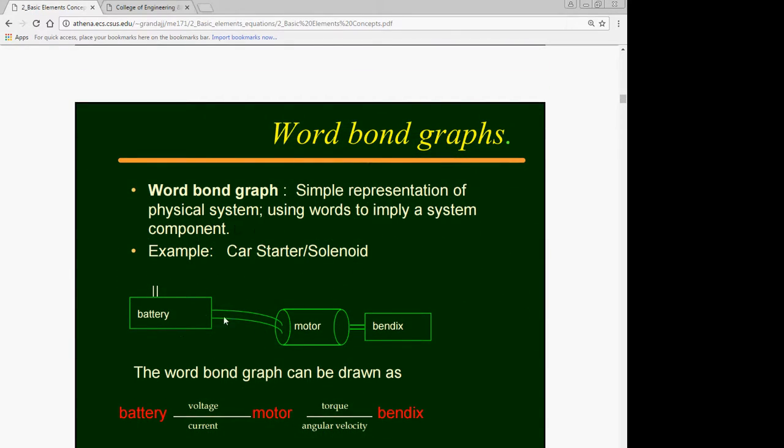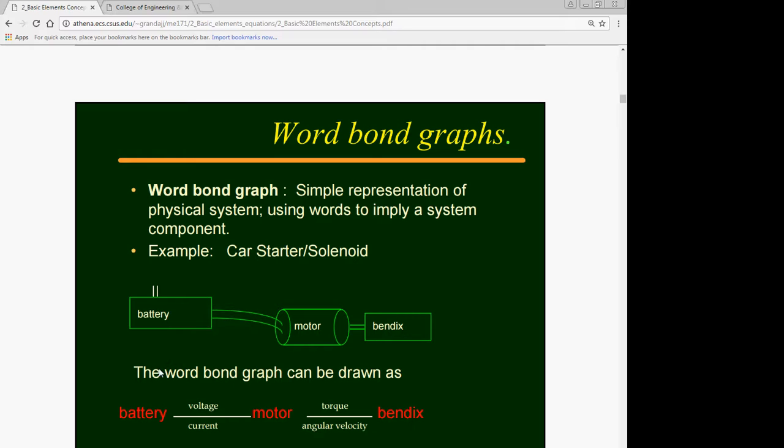So we'll take a very simple example to illustrate those variables in different energy domains. If we have a simple system like the starter of your car, there's the battery, which would be the source, the starting motor, and then the Bendix.